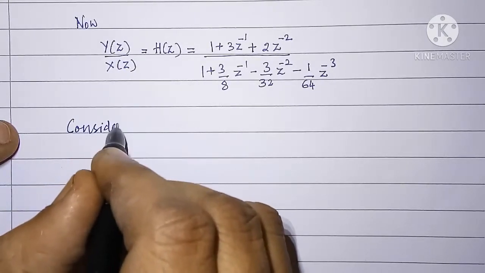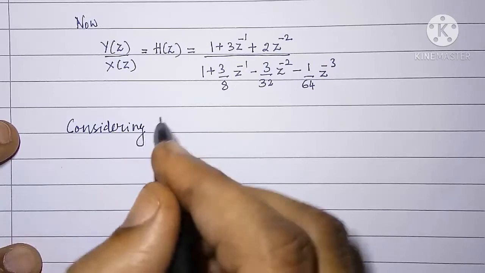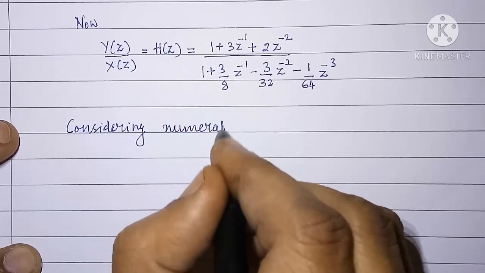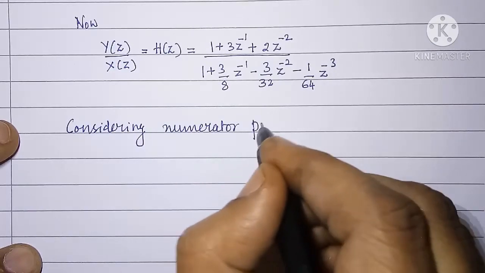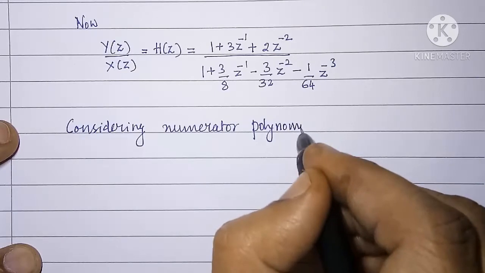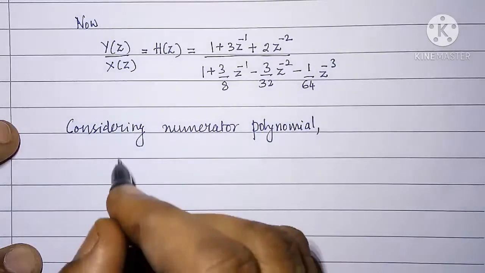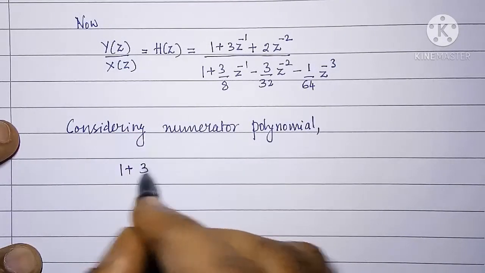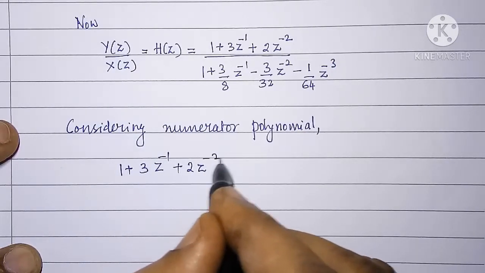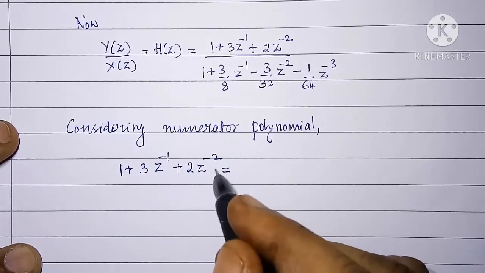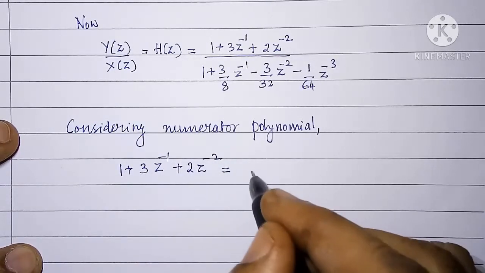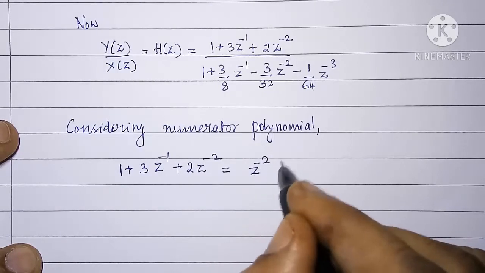Considering numerator polynomial, that is 1 plus 3 z raised to minus 1 plus 2 z raised to minus 2 equal to, from this polynomial I will take z raised to minus 2 common outside.